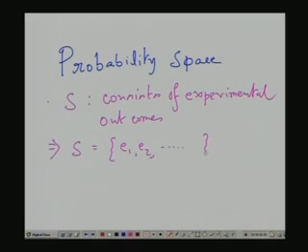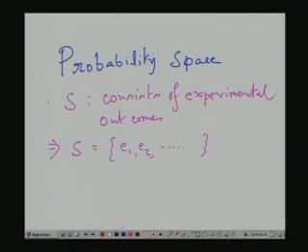The way I am writing gives an impression that it is countable, but it may not be. Each of these elements E1, E2 is an experimental outcome. That means some experiment is going on or some observation is being made. Either you observe E1, or you observe E2, and likewise. The collection of all possible basic experimental outcomes is this set S.